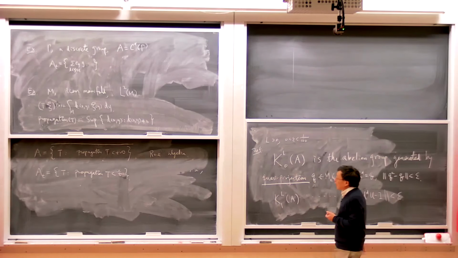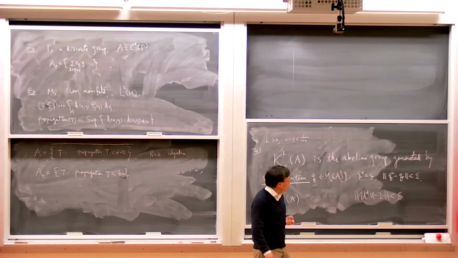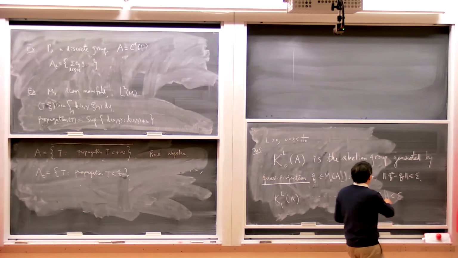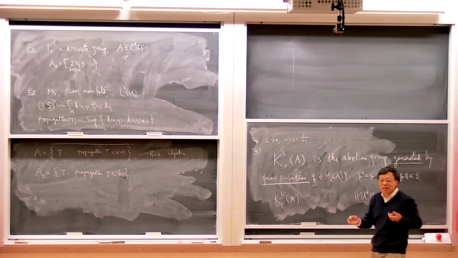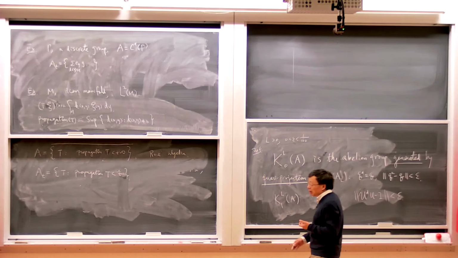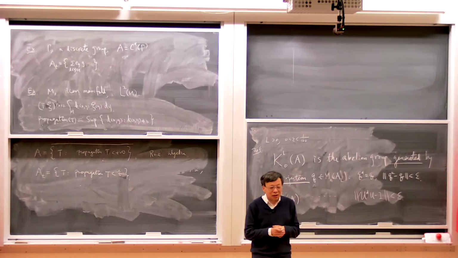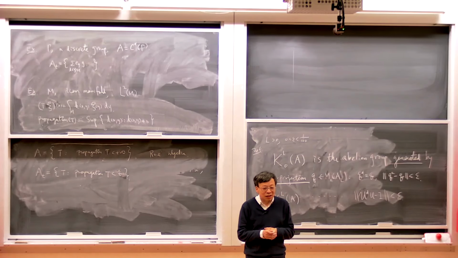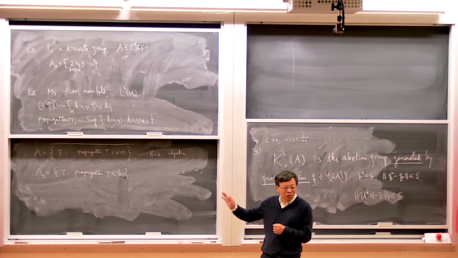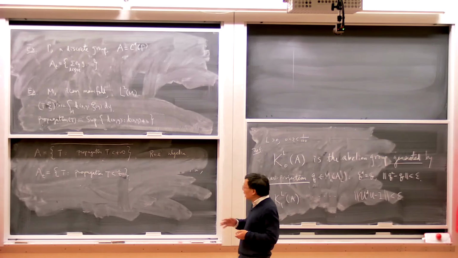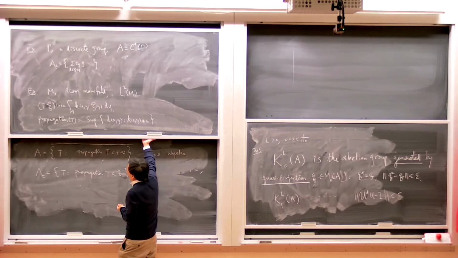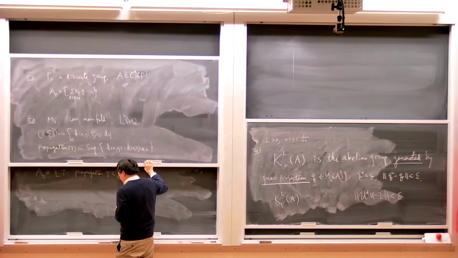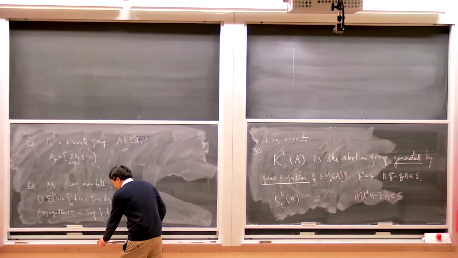Okay, all right, so when I say generated, you use the same kind of equivalence relation. Oh yeah, that's what I'm going to do next. Okay, so actually quickly I will raise some.